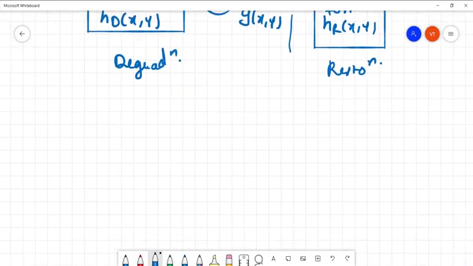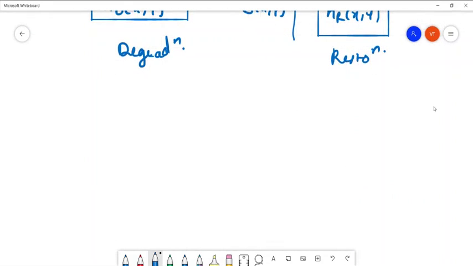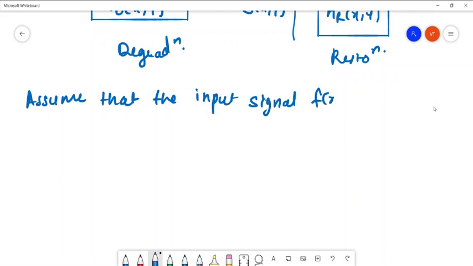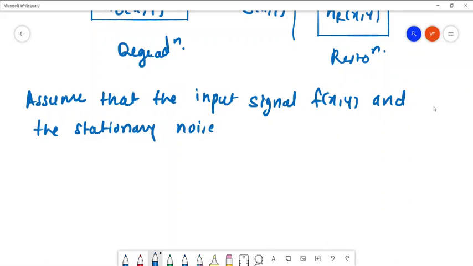So now assume that the input signal f(x,y) and the stationary noise term, which is represented by n(x,y), are uncorrelated.